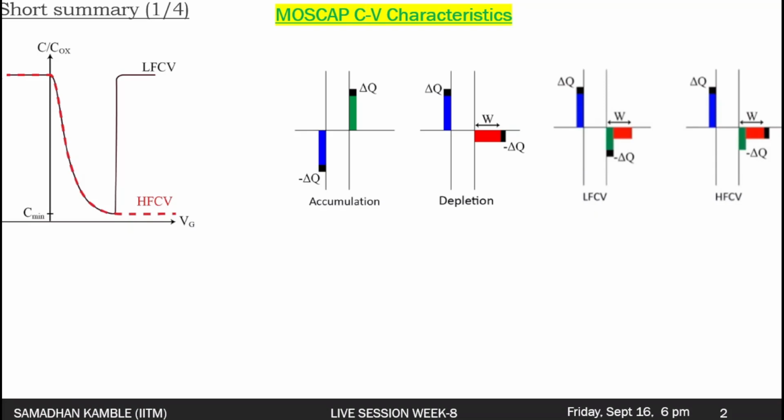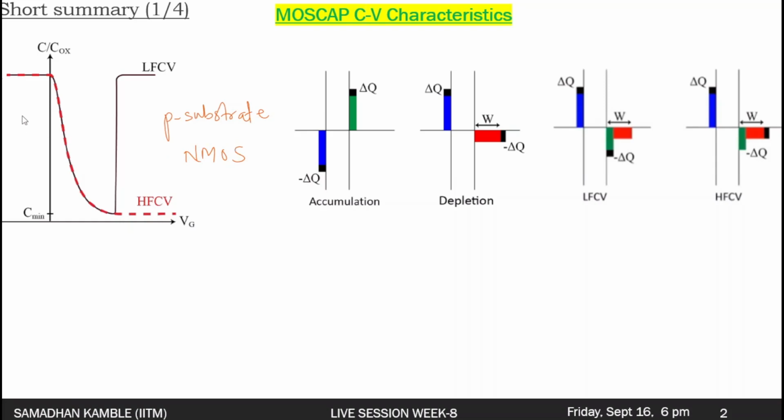Okay, so if you look at the diagram here, I have shown the CV characteristics. You can clearly see here that it is a p-type substrate I am considering, which means the MOS capacitor is NMOS.